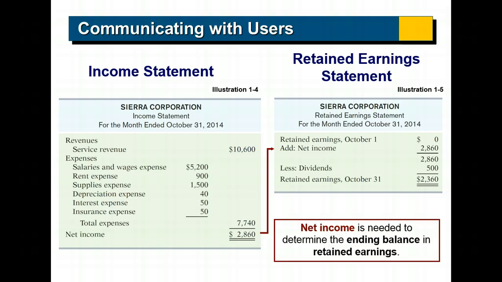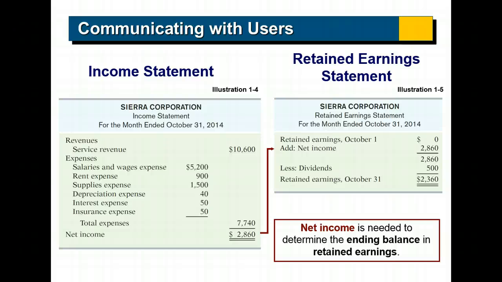After we prepare that, we flow that information of the net income or the net loss into the retained earnings section. What happens is retained earnings is a list of all the profits and all the losses minus any dividends that have been paid throughout the entire time of existence.